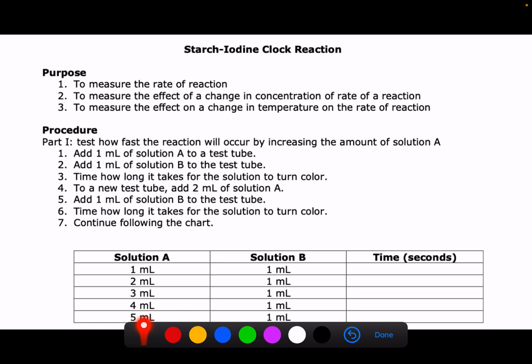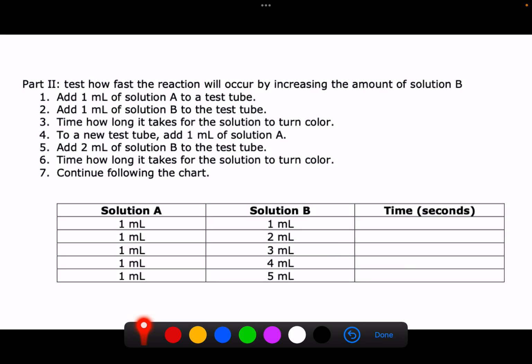You're going to have to agree on when it changes to that color, all right? So on part 1, we're going to increase the amount of solution A and see what happens when we do it. Part 2, we're going to increase the amount of solution B and record what happens to it. So you can see we're holding solution A constant, changing B.